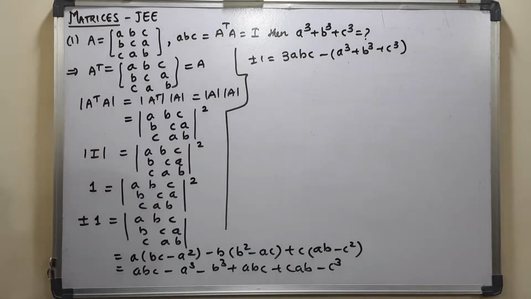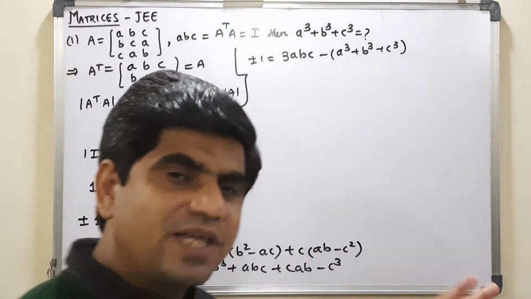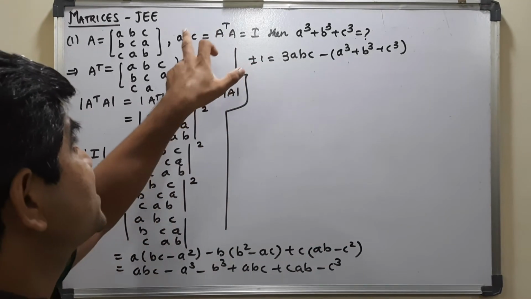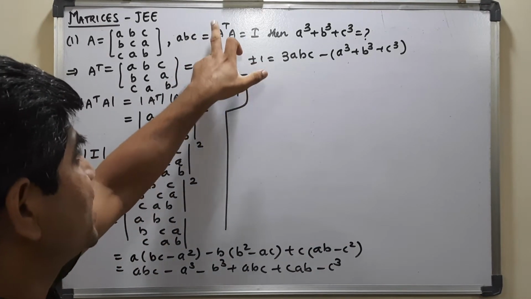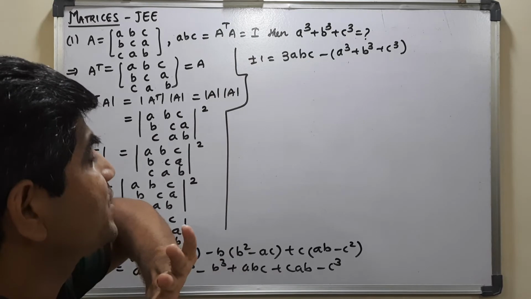And as per the given information, this ABC is your A transpose A, which is your identity matrix.